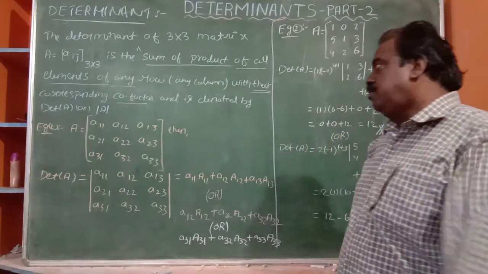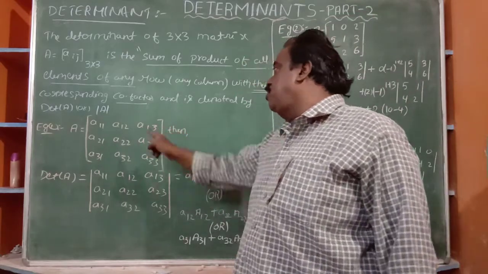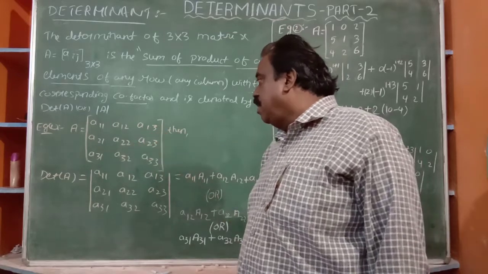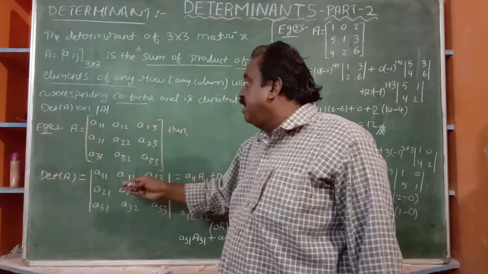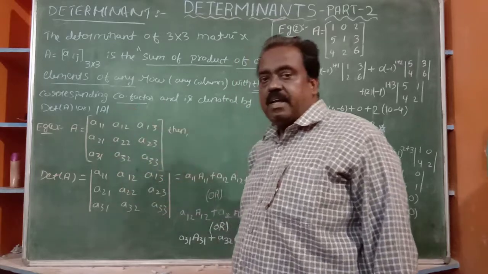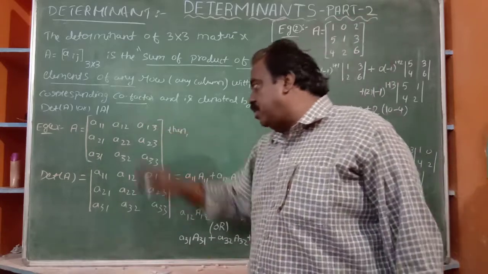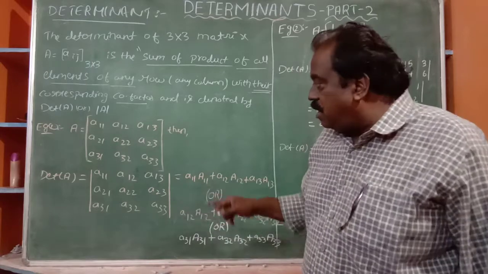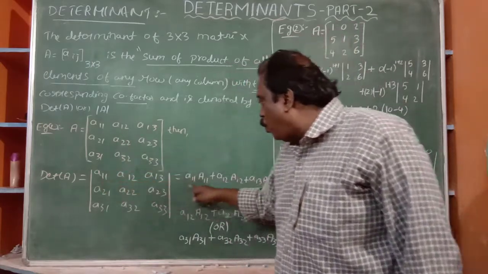Try to understand. Here capital A is a general 3 by 3 matrix, A11, A12, A13, you know it well. Then det A, which is simply the modulus of A, but don't say it as modulus. It is det A only. Be careful. I am expanding the determinant of this matrix in the first row.